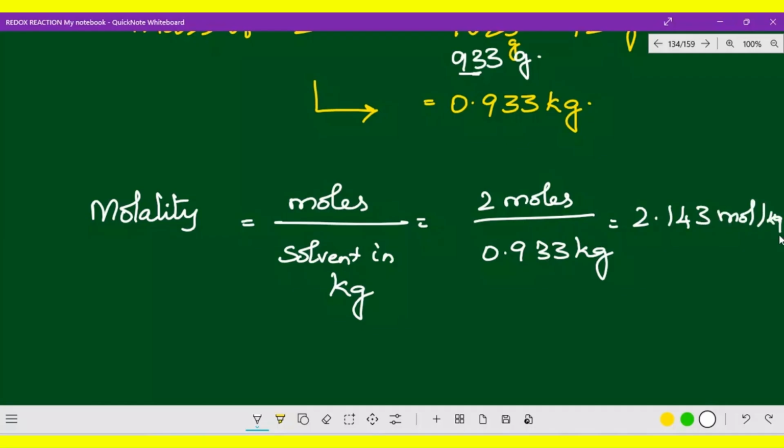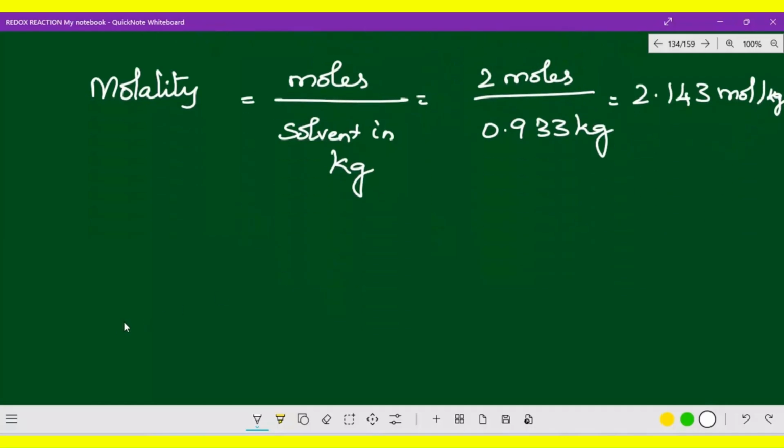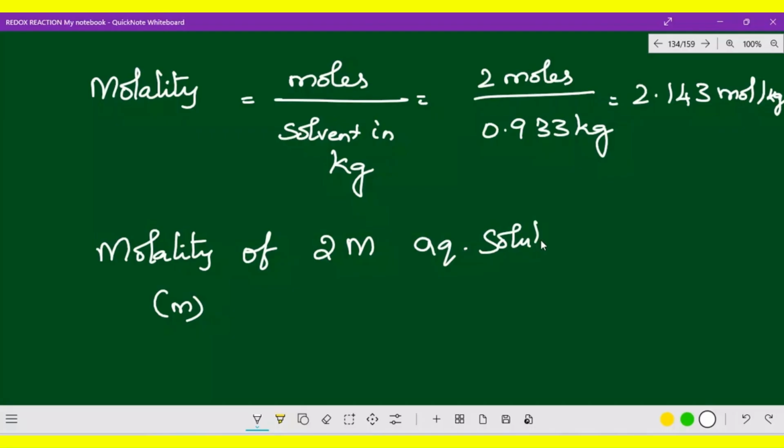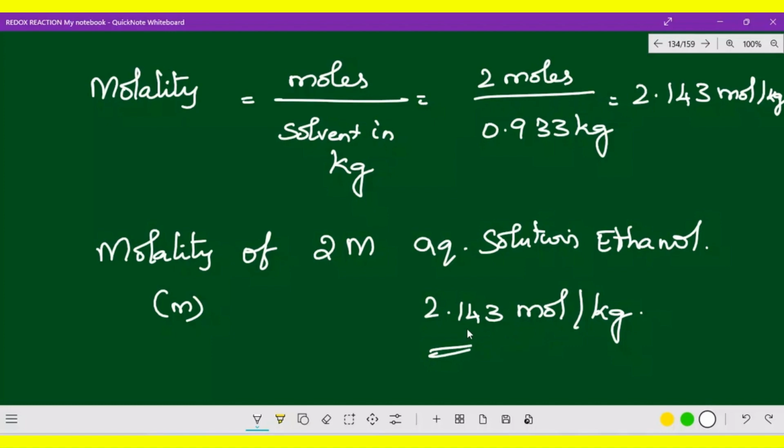Now here, molality of 2m aqueous solution, this is small m, please remember. Molality of 2m aqueous solution of ethanol is 2.143 mole per kg. I hope you got the clarity.